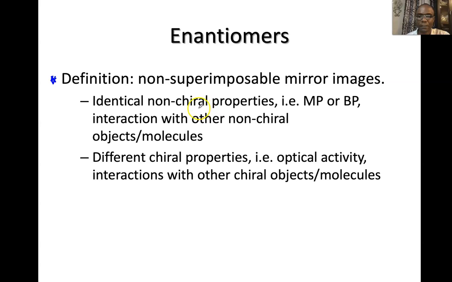They have different chiral properties, and therefore will do their rotations differently. And like I said, we don't want to care about the polarimeter, so I'm not going to emphasize that point. Just know they're different.